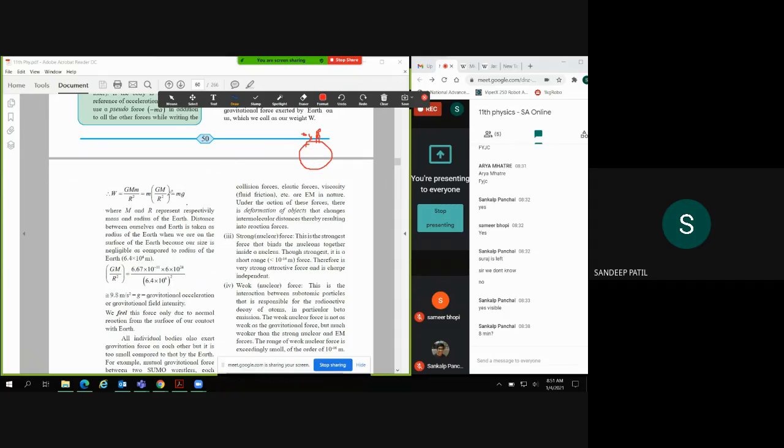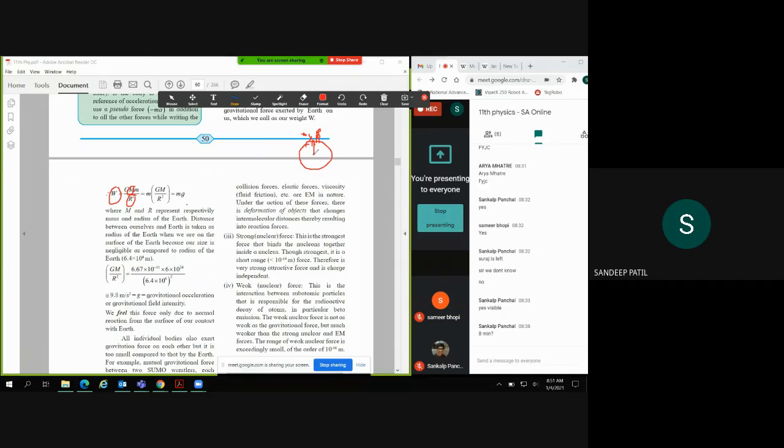This is the same gravitational force we are calculating, and we consider W, the weight of our body, as due to this gravitational force. So how do we calculate it? We consider G M into m, where we know the mass of Earth and we know the radius. This is the radius of Earth.